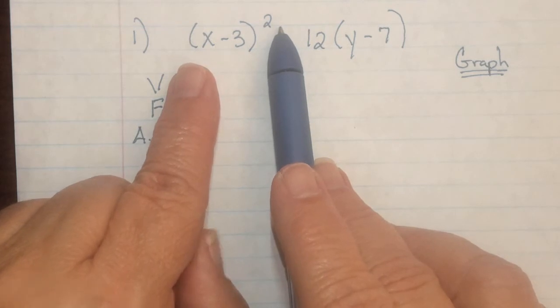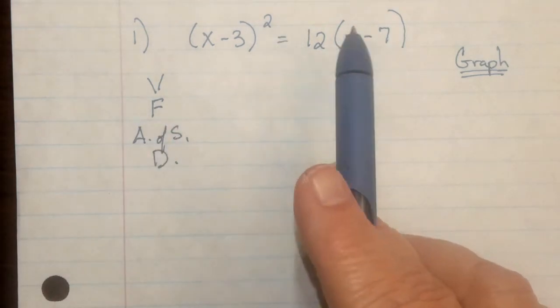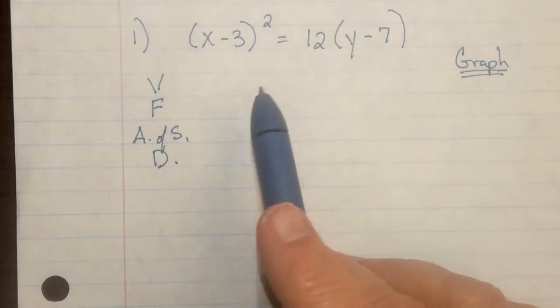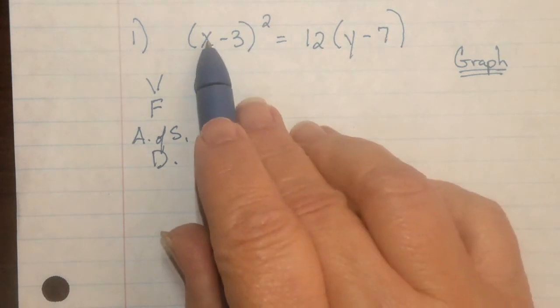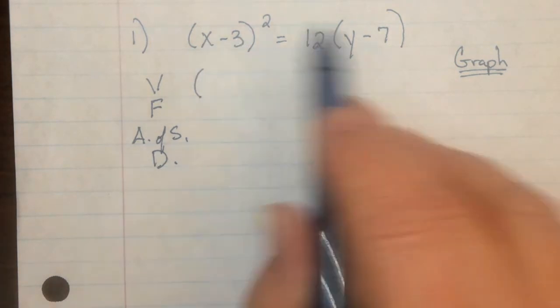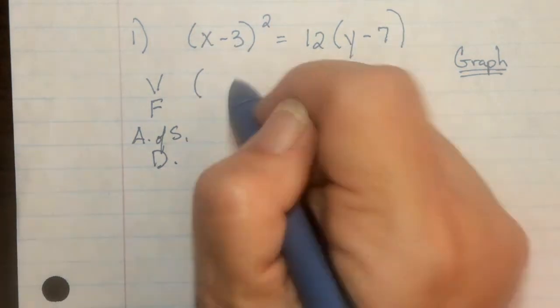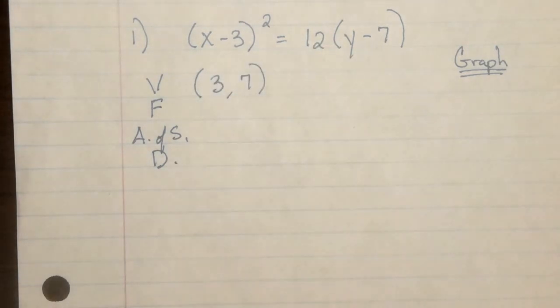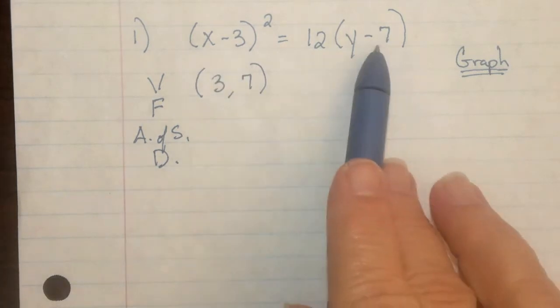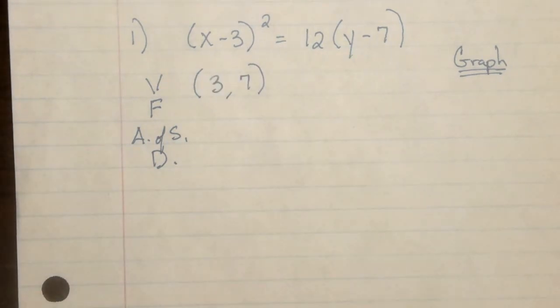So I'm going to be looking at my notes for the up and down type. Okay? So my vertex is h, k, x minus h, y minus k. So my vertex is just 3, 7, because the minus is part of the equation.